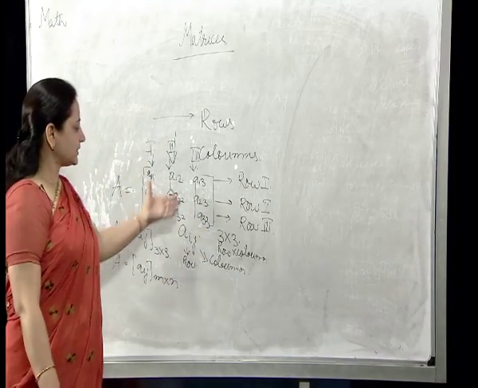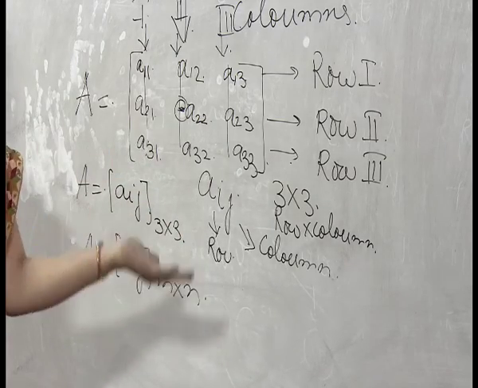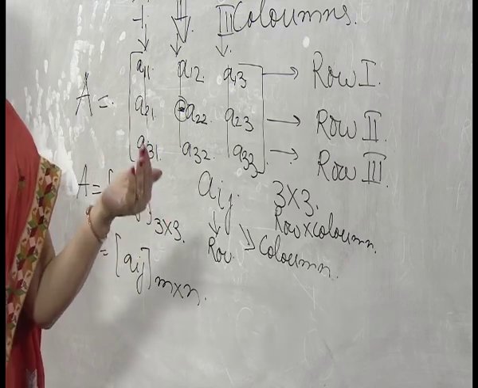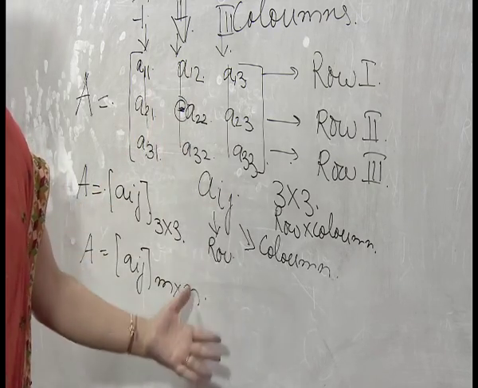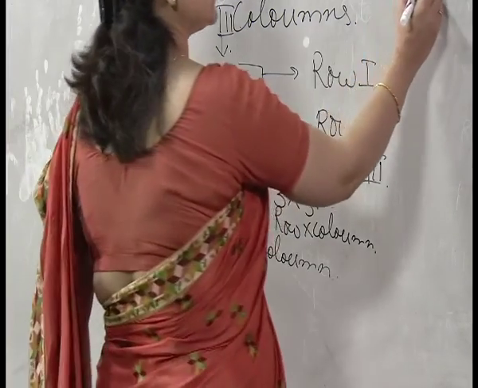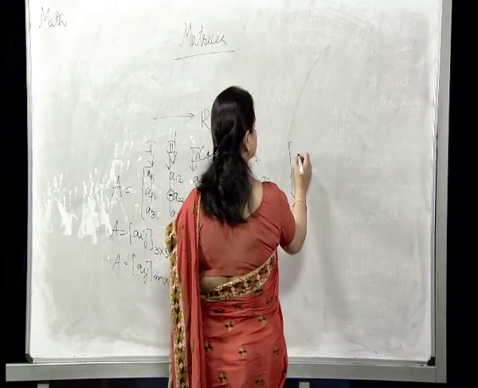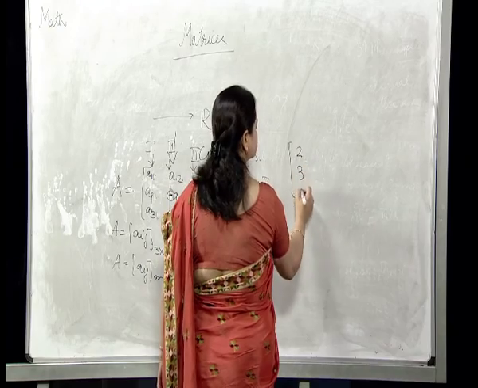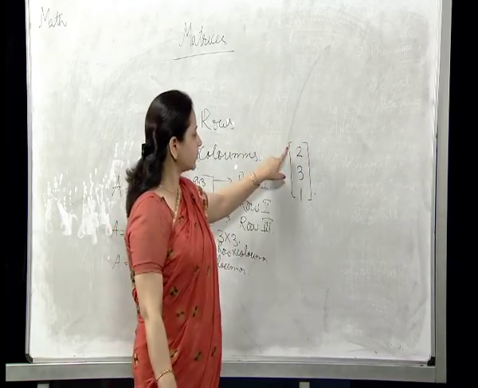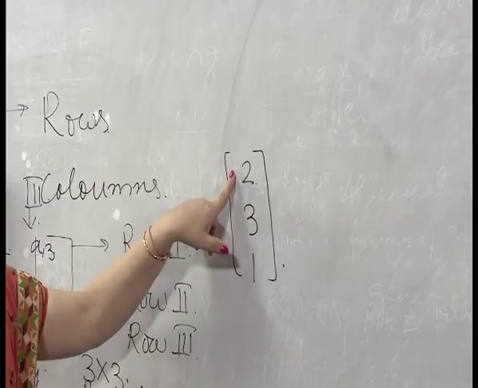Now we can construct matrices of different orders. Look at this matrix: how many rows does it have?